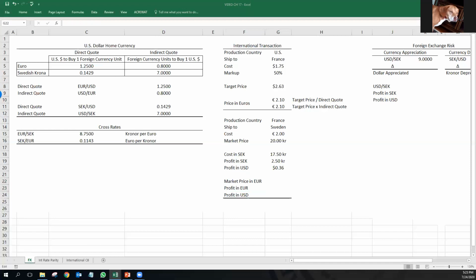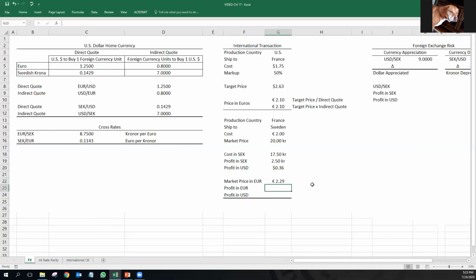So what we do is we take the market price in kroner multiplied by the cross rate you already have over here, and selling it for 20 kroner in Sweden is the same as saying €2.29.